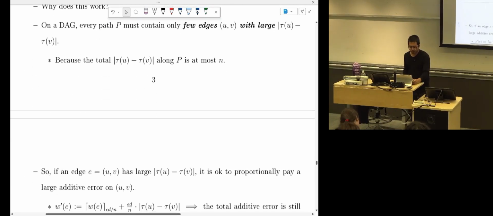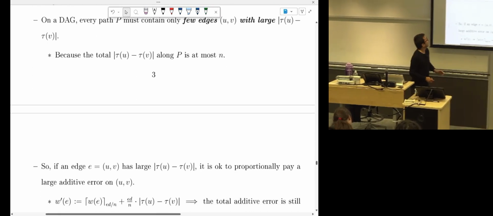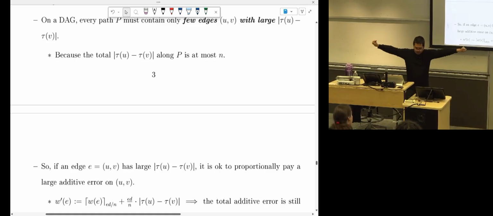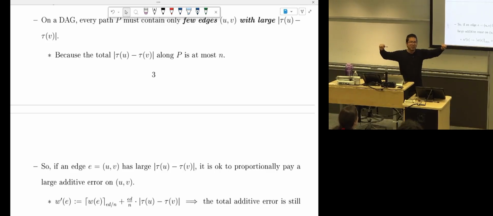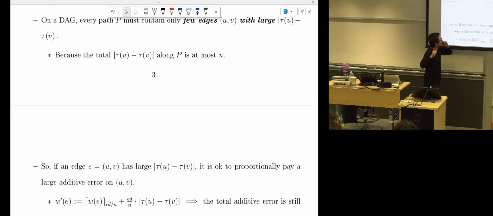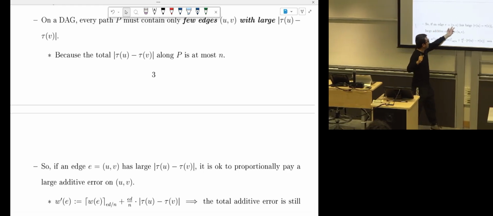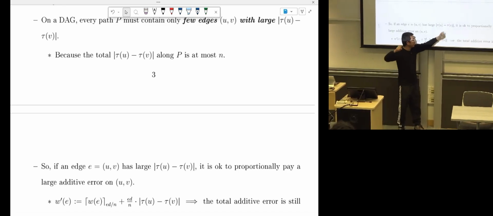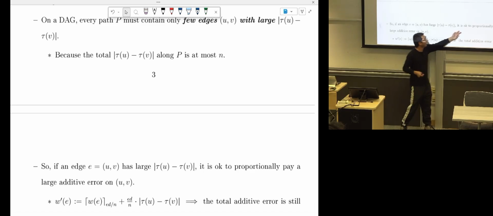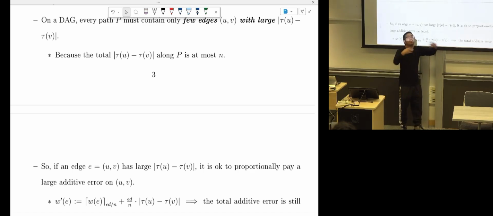And so what do we know? We know that the edges that are far away in topological ordering, there are few of them. So if there are few of them, with this large difference in topological ordering, it's okay to make error on them quite a lot.